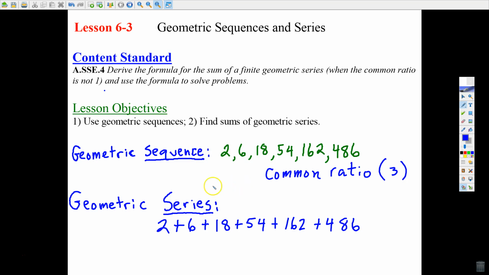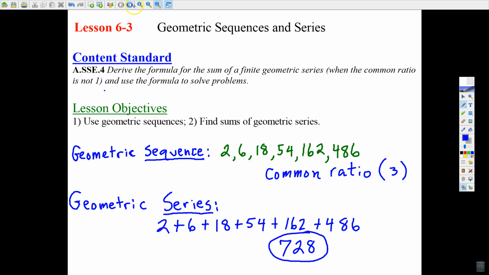We show that the terms are being added together. I'll try from memory here. Is it 728? 728 would be the sum of this particular series. So do you see the difference between a sequence, which is a list that follows a pattern, multiplying by the same number, versus a series, which is a way to represent the sum of the sequence?